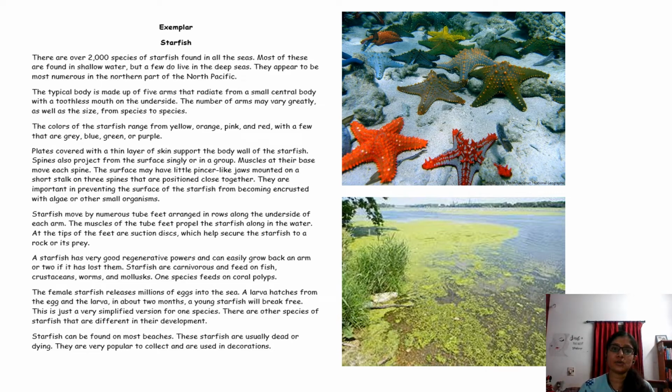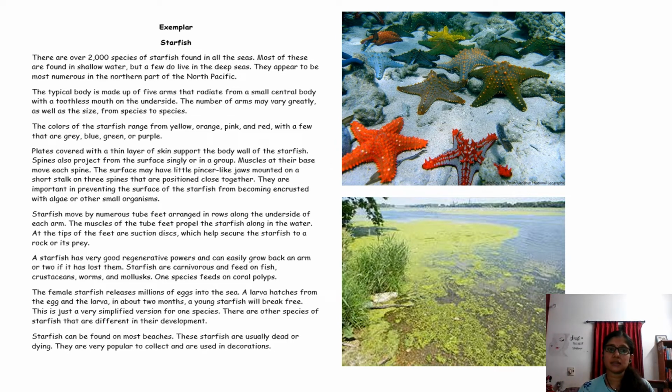As I told you, all the features described here depend upon the type of starfish it is. So this is just a simplified version. Once it lays the eggs, when it hatches there comes the larva, and that larva after 2 months becomes a starfish. This is like a cycle which gets repeated, and it is not the same for all kinds of species.